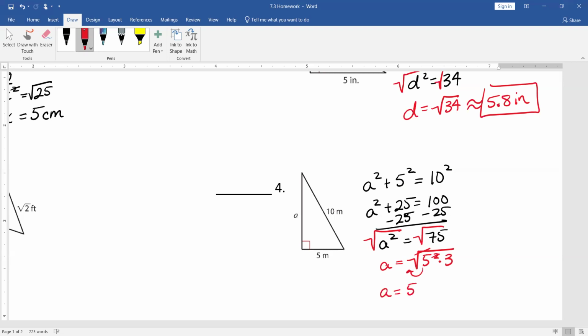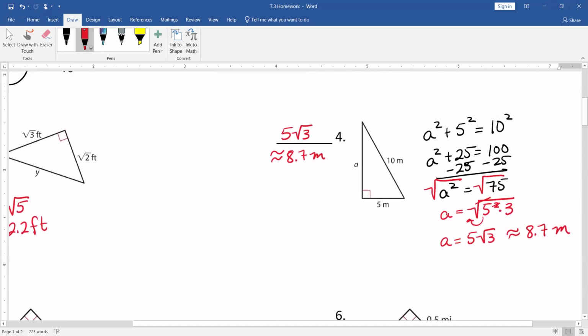A equals 5 square root of 3, which when you plug it into a calculator gives you 8.7, and then our units is meters. So you can give that to me either way, 5 times the square root of 3, or approximately 8.7 meters.